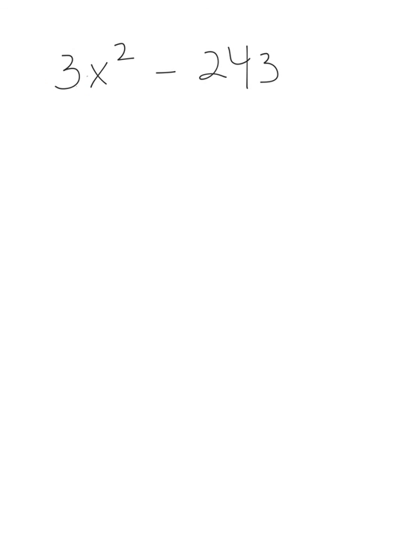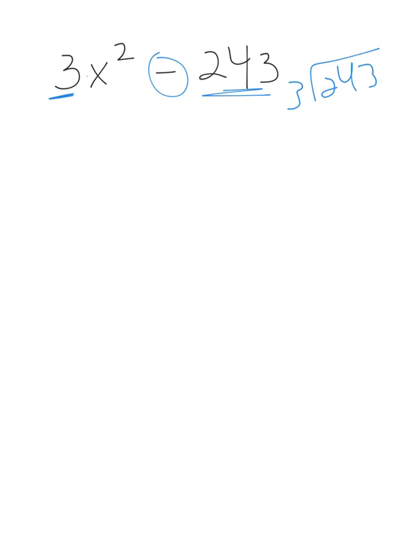Oh, this is a good one. 3x squared minus 243. Okay, I got a difference here. That's not a perfect square, but that's a really big number. This is a perfect square, x squared, so I'm going to see, what's 243 divided by 3?